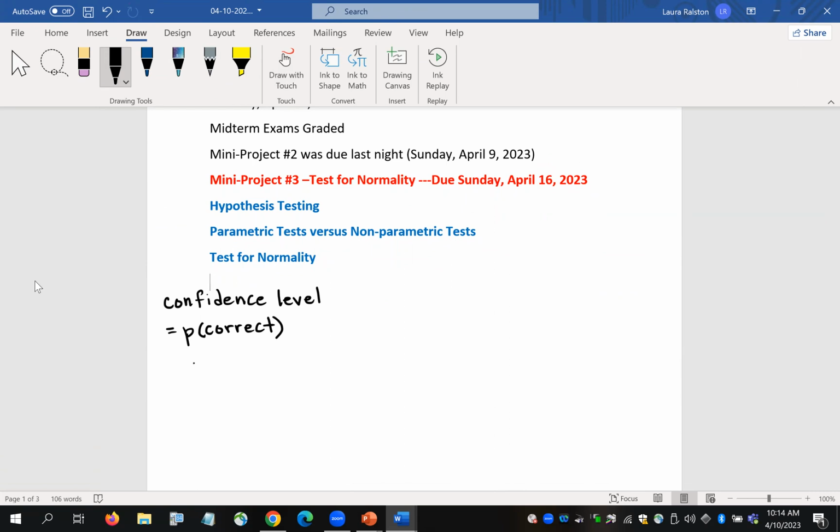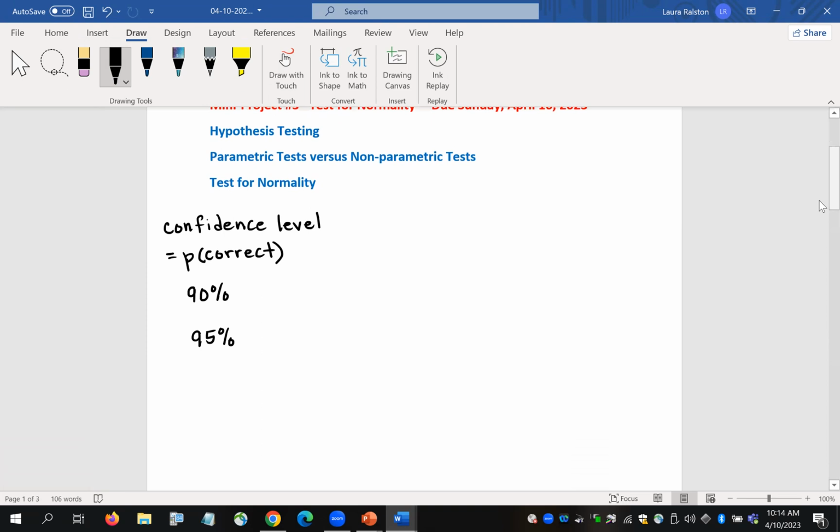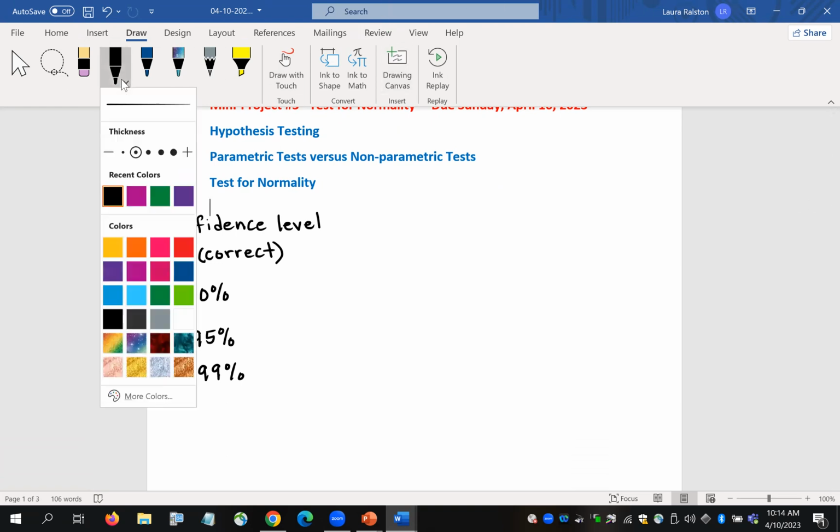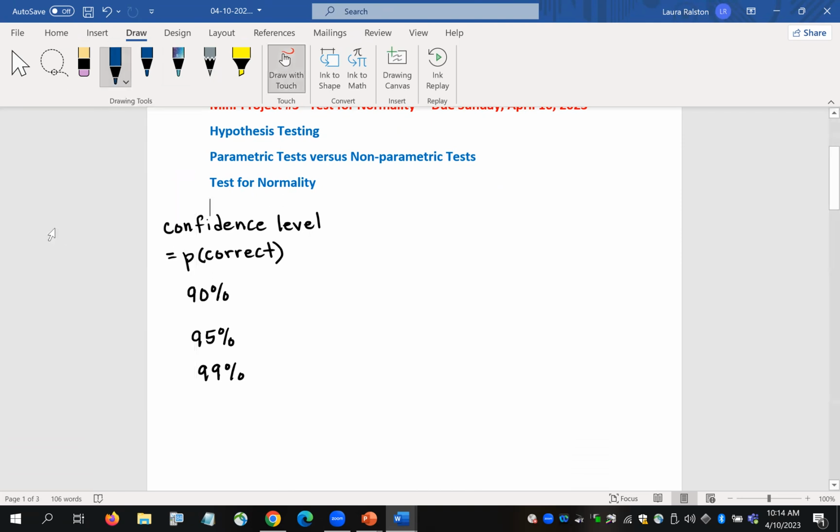Normally, remember, it was stated as a percentage. The more common ones were 90%, 95%, and 99%. And I believe we talked about it, but it's been a while since we've had spring break in here, that if there is the probability you're correct, there also has to be the probability that you're wrong.